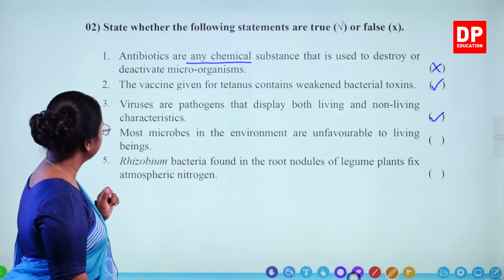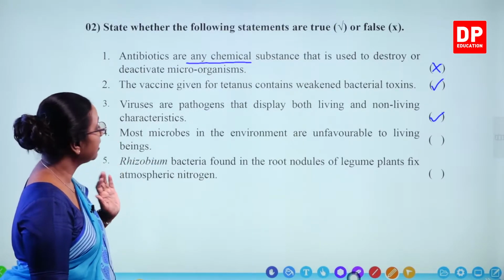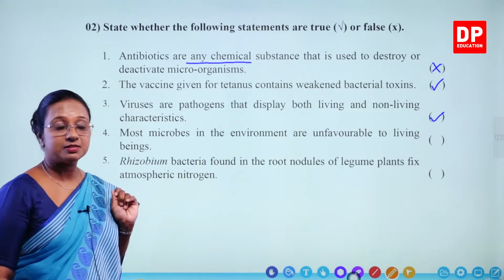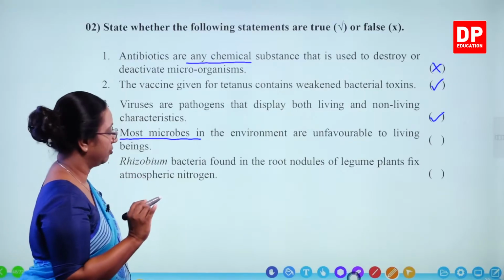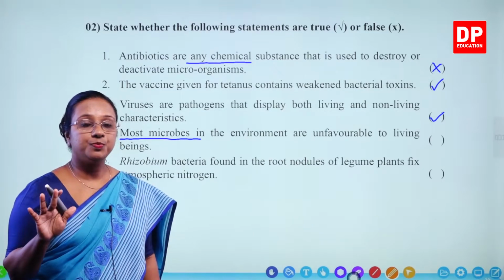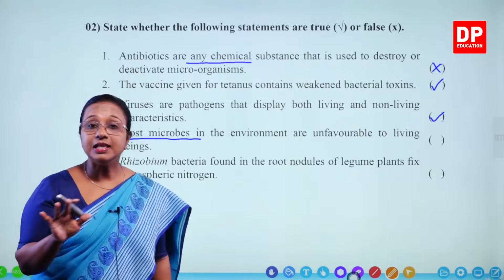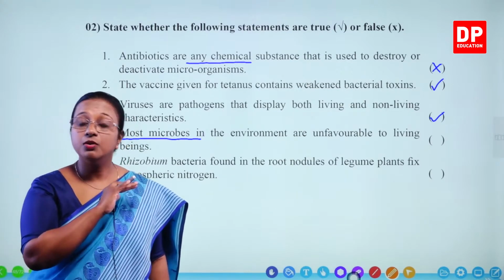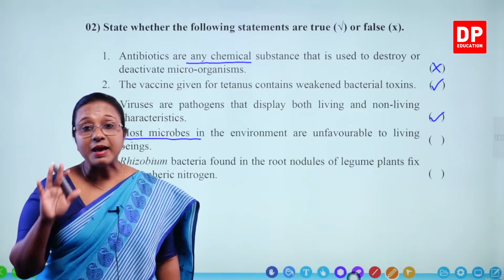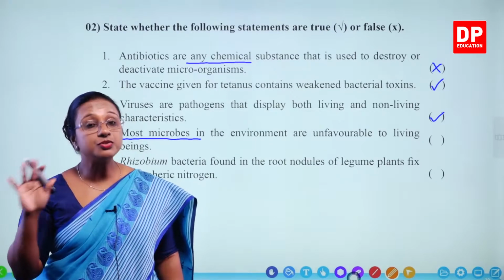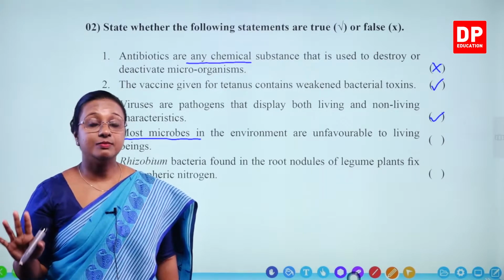Then the fourth one. Most microbes in the environment are unfavorable to living beings. Now here look at the sentence carefully. Most microbes. Is that true? No. Why? You have seen algae, they are photosynthetic. So they don't do any harmful effects. Then we saw that the bacteria and also fungus, they are very, very useful in many different ways.